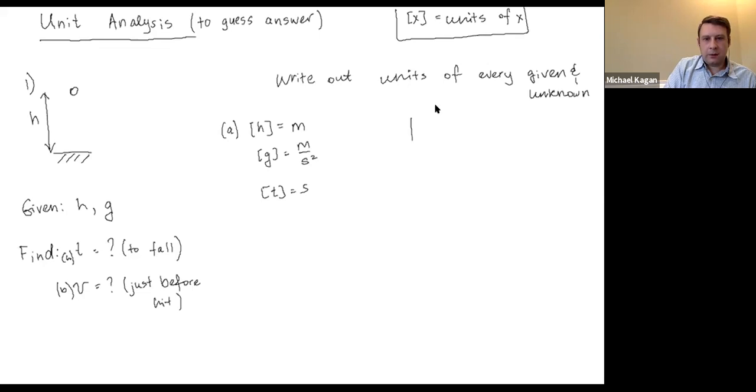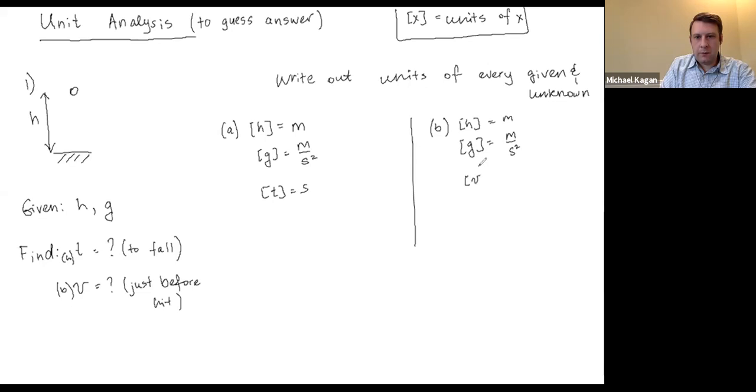And of course, you can do the same thing for the second part. Units of g are meters per second squared. And units of velocity are meters per second.